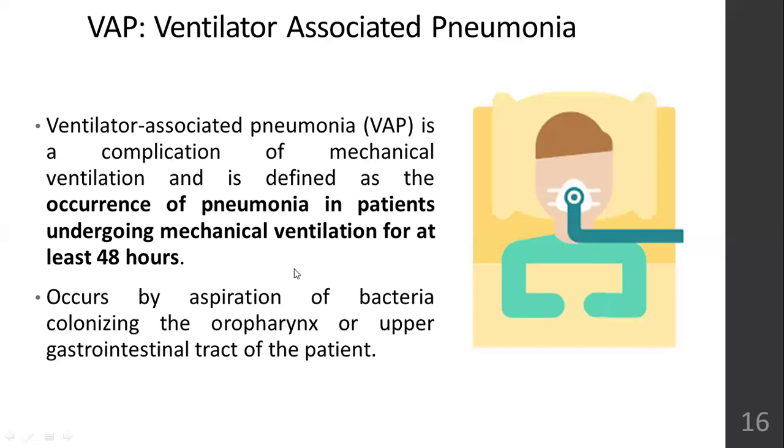So it's a pneumonia that develops more than or equal to 48 hours after any endotracheal intubation is done and mechanical ventilation has begun for the patient. After that, when a pneumonia takes place, that is what we call ventilator-associated pneumonia.